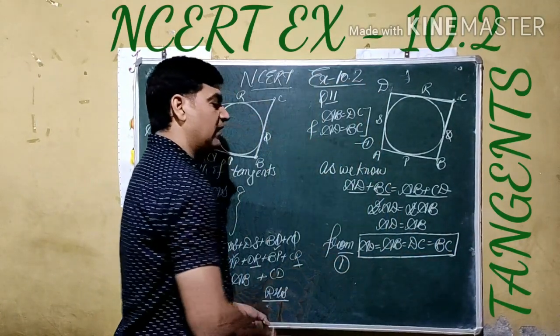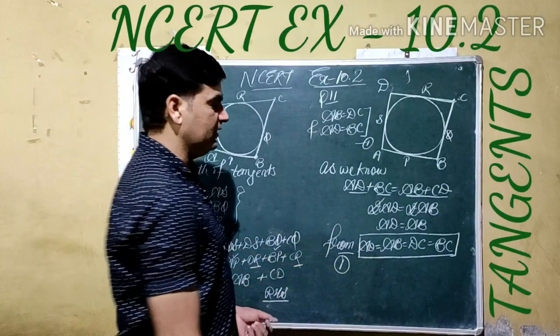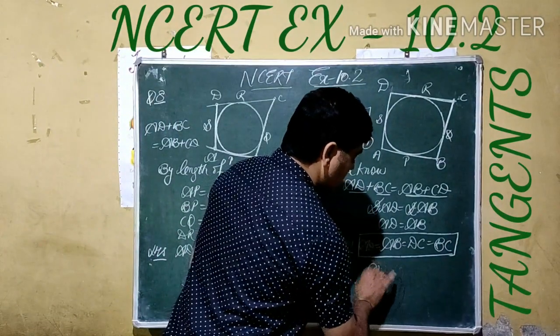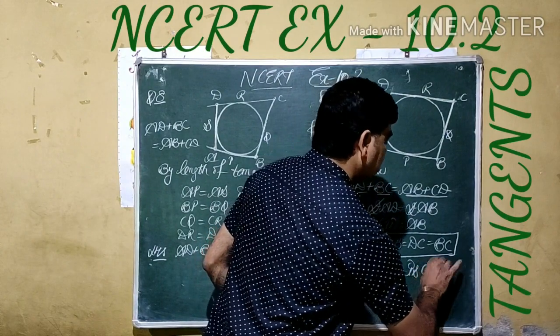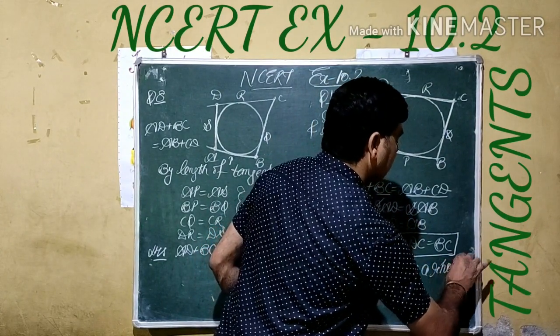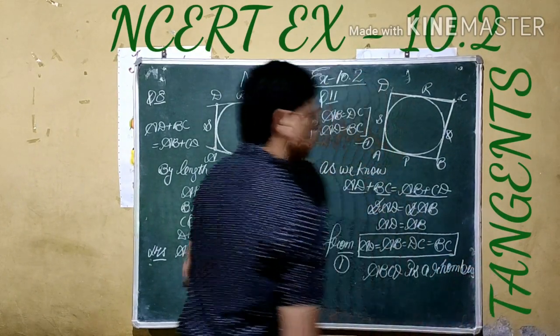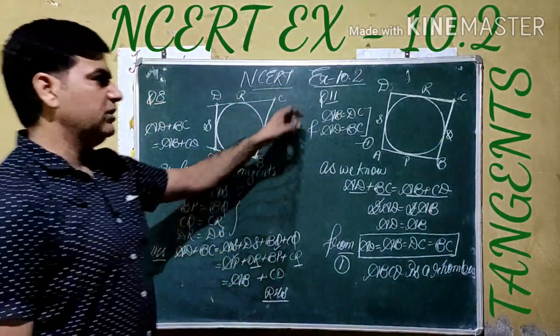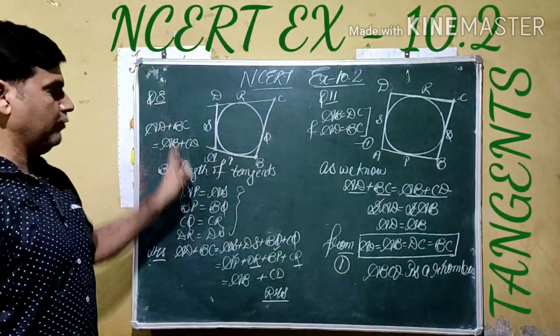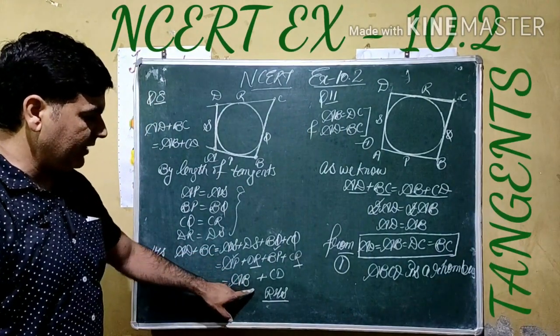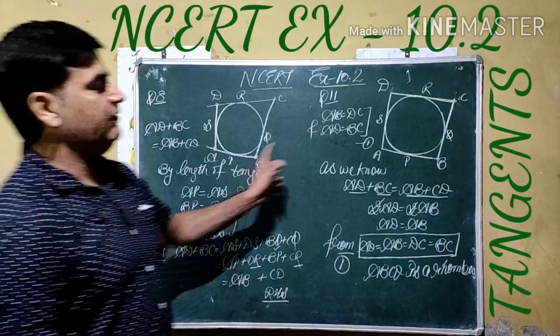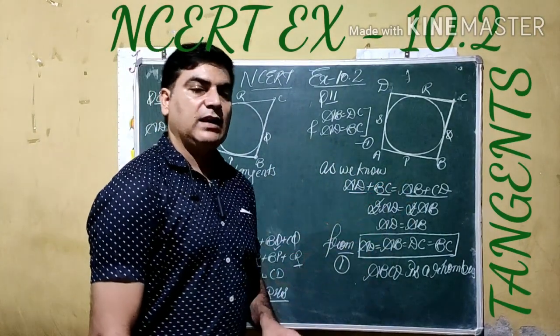It means if in a quadrilateral all the lengths are equal, then the shape is known as a rhombus. ABCD is a rhombus. So there is a link between them. It means to do question number 11, first of all we have to prove question number 8. But we are doing it directly from here, question number 8, then we continue directly to question number 11.